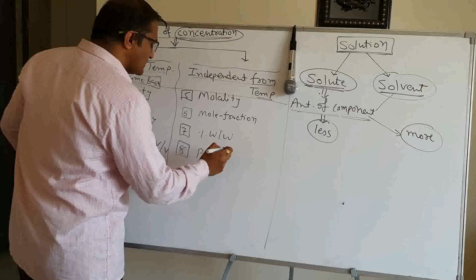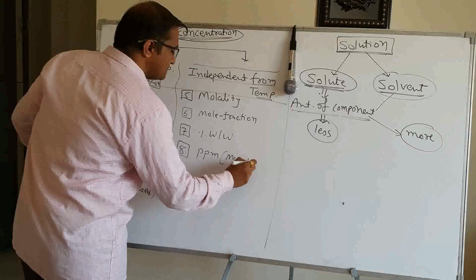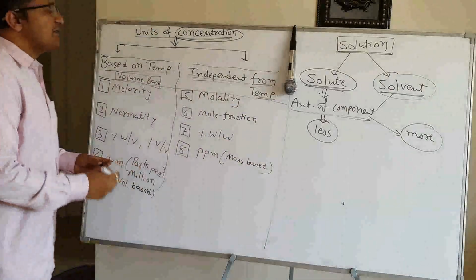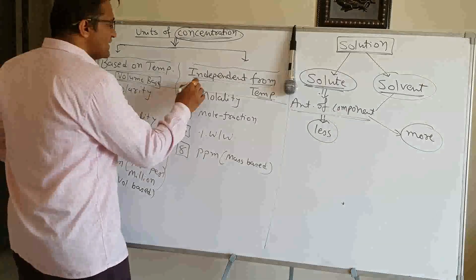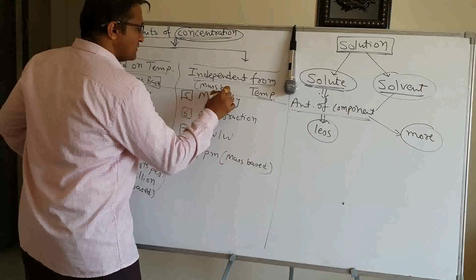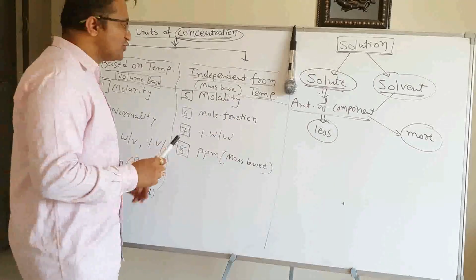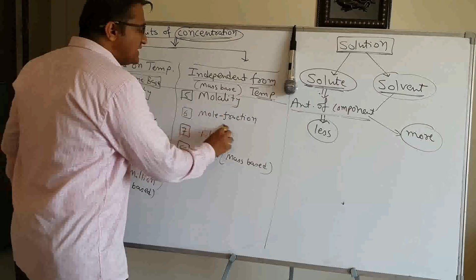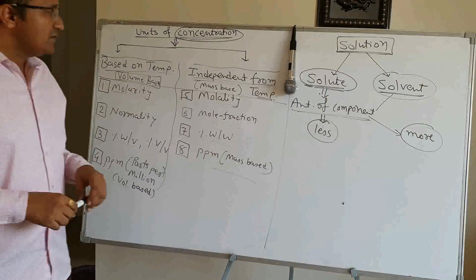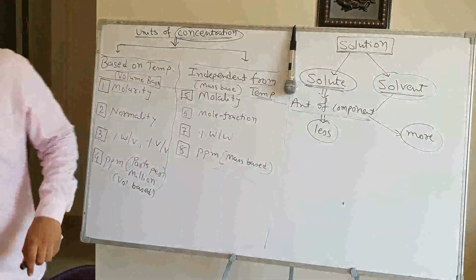And this ppm is also parts per million, but it is mass based. See, these units are independent from temperature, and the reason for it is all are mass based. Means in a particular mass of solvent or solution, a particular amount is dissolved, then these units are created. Okay, so these are the units. Now one by one we will study.